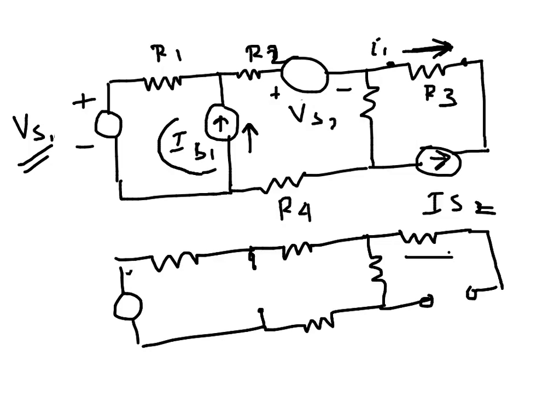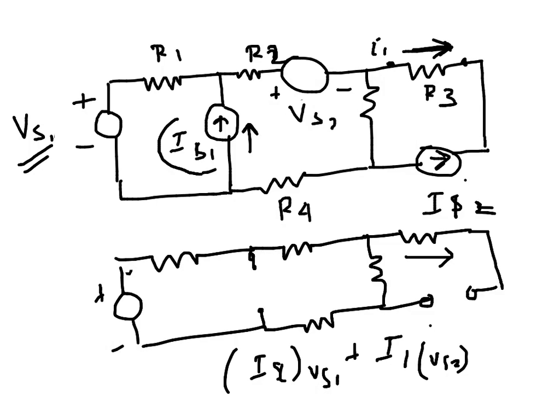Similarly, for each of the sources, we have to calculate the current through that branch by making each of the sources active at a time. And then the final one will be I1, sorry. So I1 for Vs1, plus I1 for Vs2, plus I1 for IS1, and finally plus I1 for IS2.